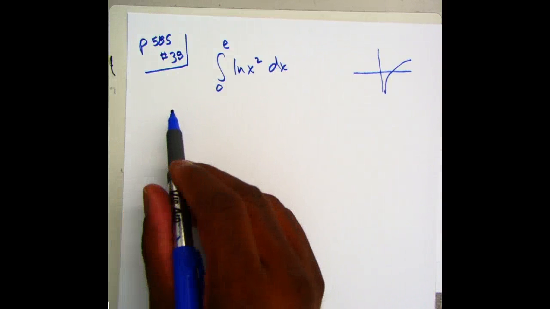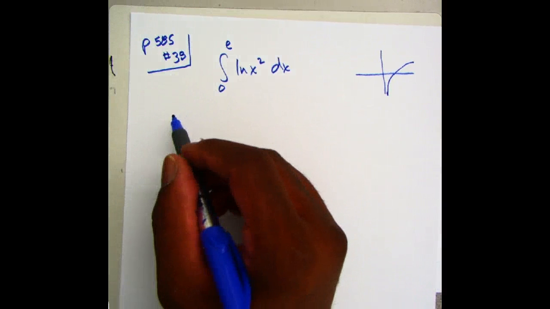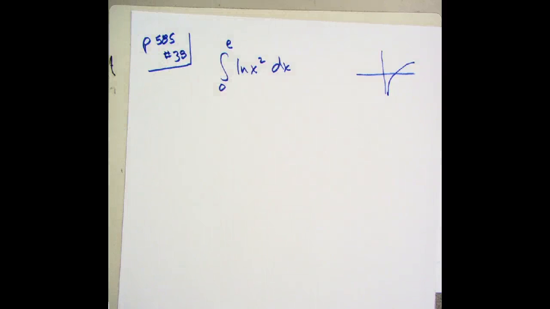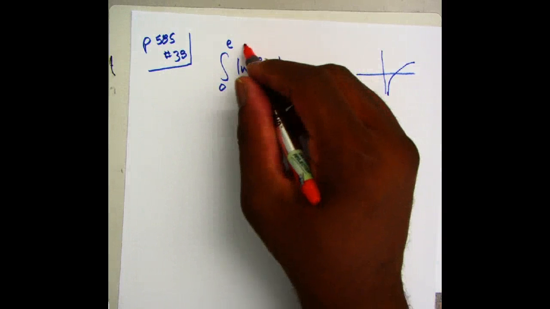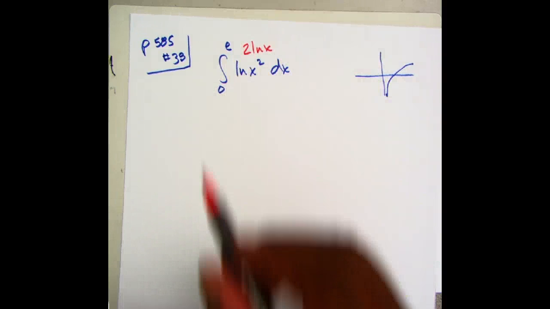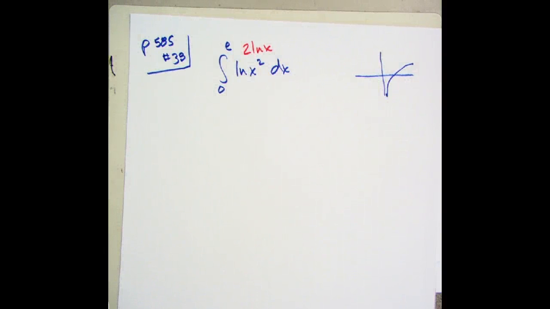So we need to rewrite this as, well, first off, the natural log of x squared, I would hope that you all would rewrite this as just 2 times the natural log of x. Okay. And I think if you do that, that'll be a little easier.